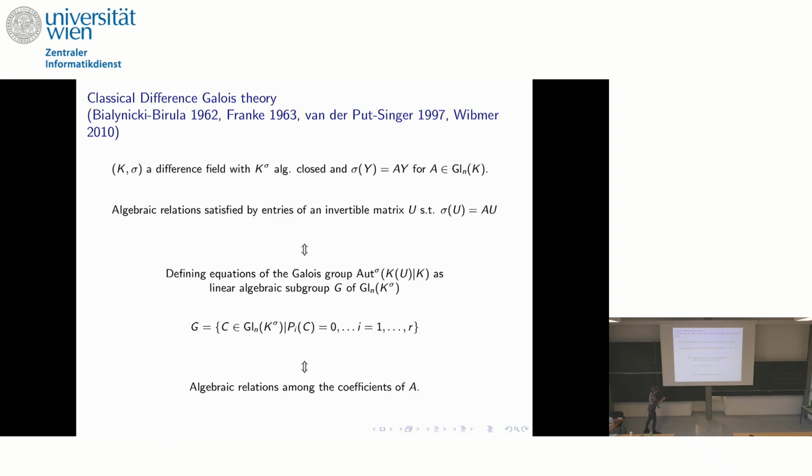So, in fact, via this dictionary of Galois correspondence, I can see the algebraic relations satisfied by the coefficients of a solution via some algebraic relations among the coefficients of my system. And this relation, this is something I can put my hand on. Okay.